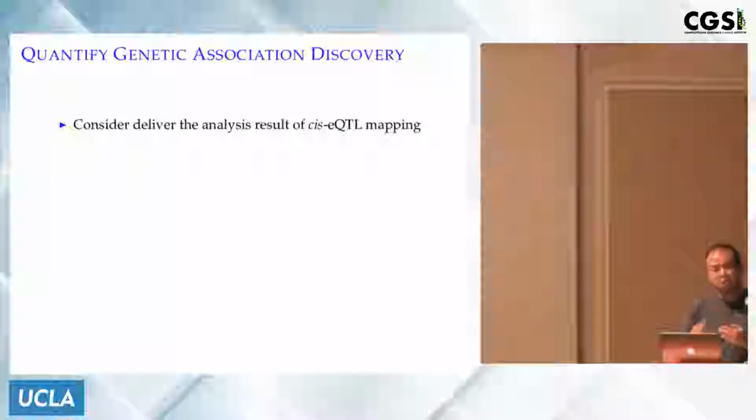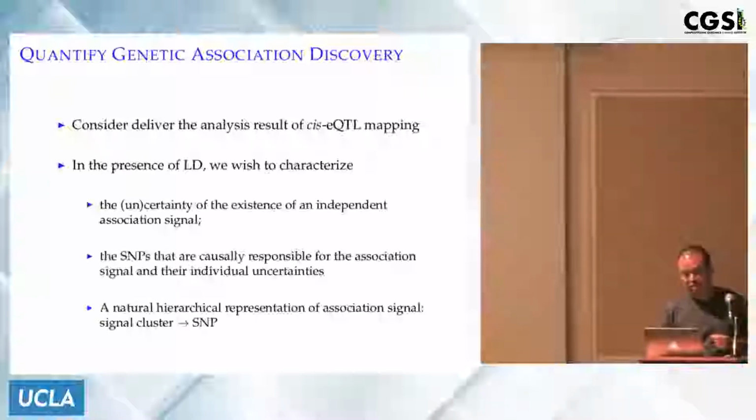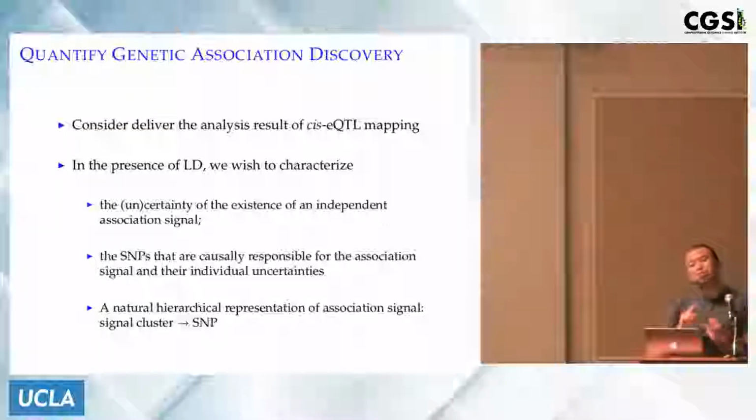Okay, so you may have already thought about this problem before. I will just tell you a little bit of our thoughts on this. Maybe it's safe to say the most obnoxious thing in genetic association analysis is LD, right? You give the most significant SNP.